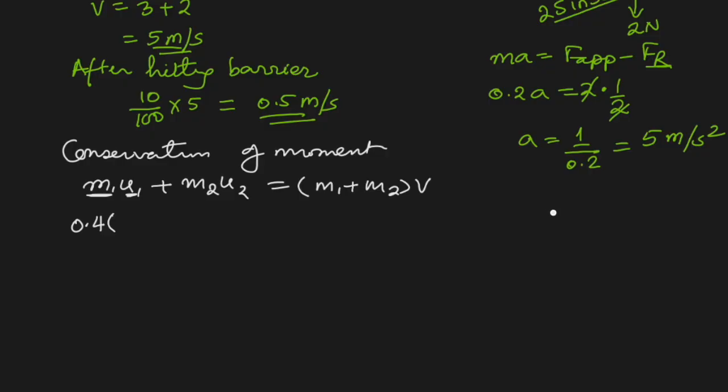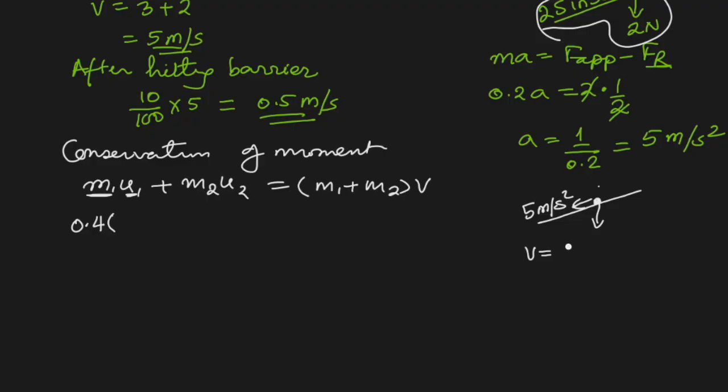If the particle's mass is 0.4, it is just like what I did here. So it will again be going down with an acceleration of 5 meters per second square. So it will not be 2.5 anymore. Let's find what speed it will reach there.